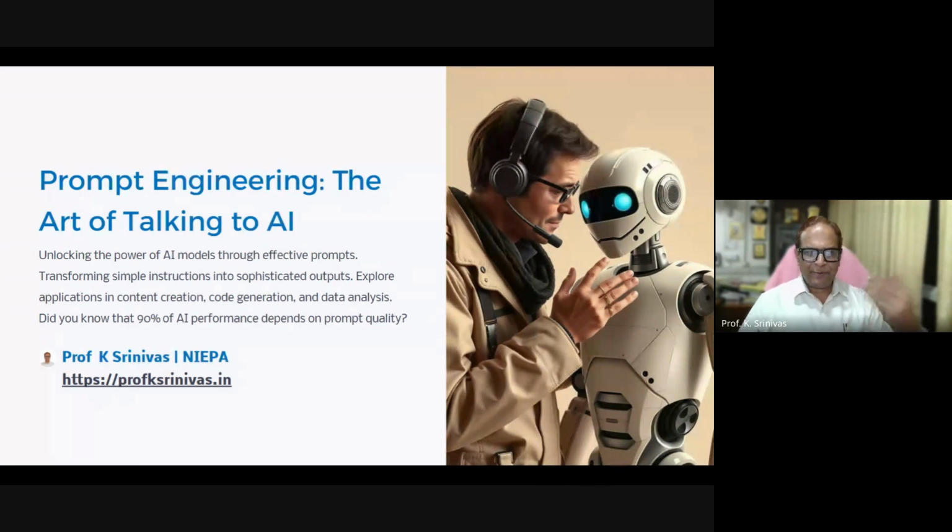So prompt engineering is the art of talking to AI. The art of talking to AI. So basically, we are unlocking the power of AI models through effective prompts. The more you write down the prompt, the more effectiveness you are going to bring in this regard.